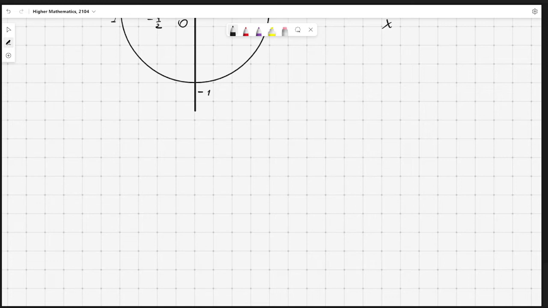1, 5, 9. X is a times t minus sine of t.